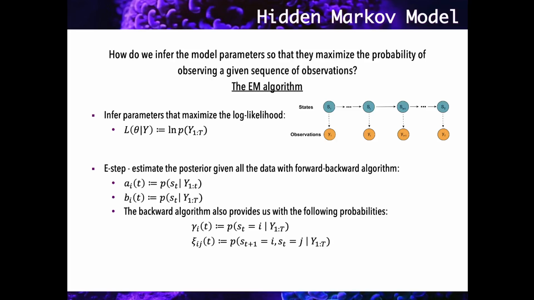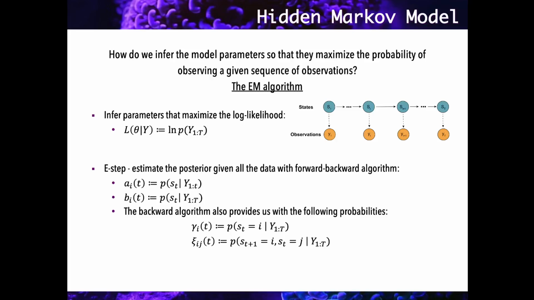The forward part I already explained in the previous slide, which gives us these forward probabilities of being in a specific state until a given time point. And then what we do is smooth out these probabilities by computing the probability of being in a specific state given the whole data and not just the data until the time point we are calculating to.